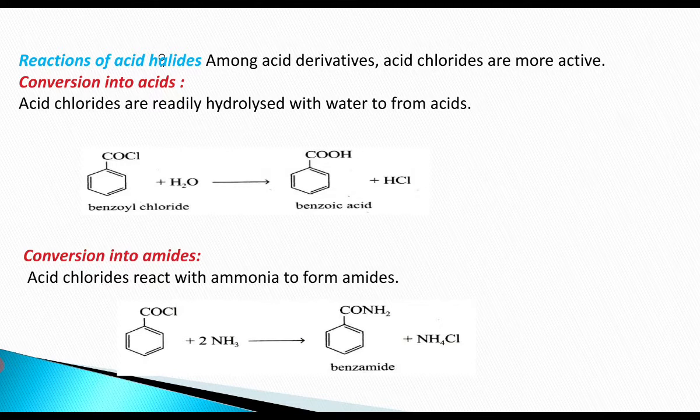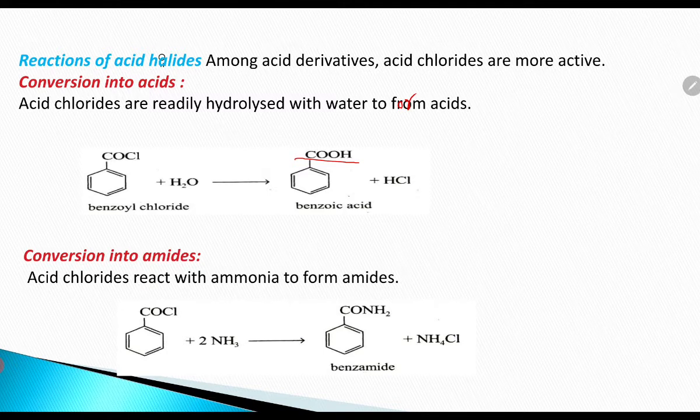Acid chlorides or any acid halide, here I have taken the example of acid chlorides. Acid chlorides are readily hydrolyzed with water to form acids. So, acid halides on hydrolysis give rise to acids. For example, benzoyl chloride on hydrolysis gives rise to benzoic acid.